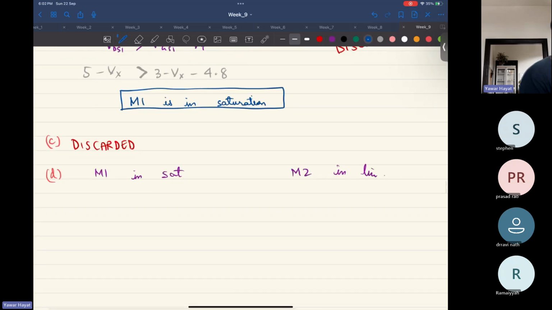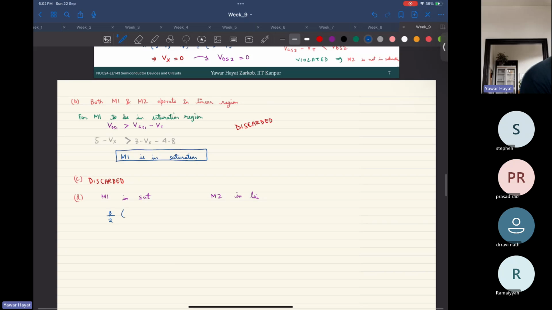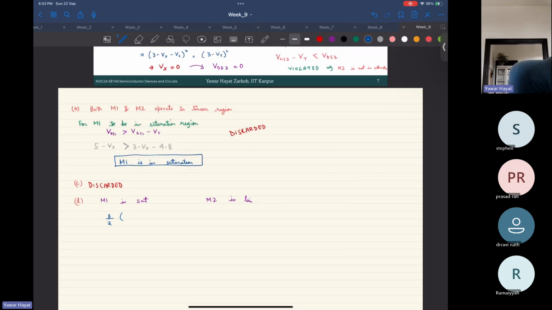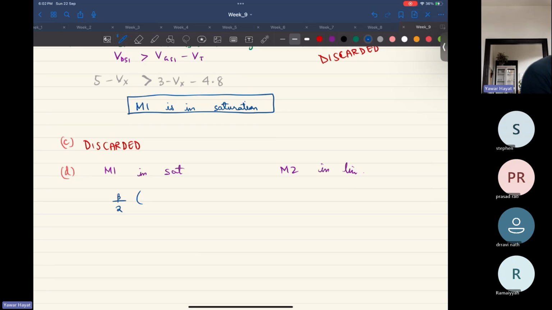And the equation that you get is beta by 2, wait, this would be VGS minus VTH whole square. Yeah, this is in saturation, right? So I need to use VD sat square.